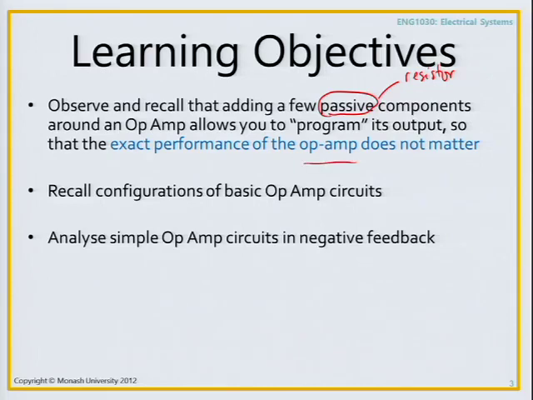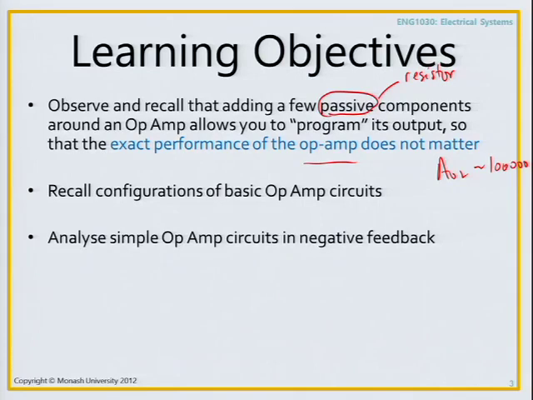Now before we had this parameter AOL, right? And I said that was about 100,000 or 10,000, some big number. Now, in reality, that number is really poorly controlled. So you buy an op amp off the shelf, you're not going to get AOL to be exactly 100,000. And it will vary depending on the kinds of signals you put into it.